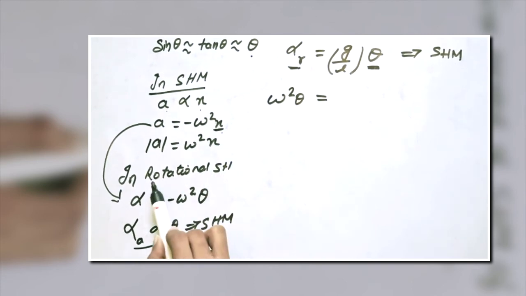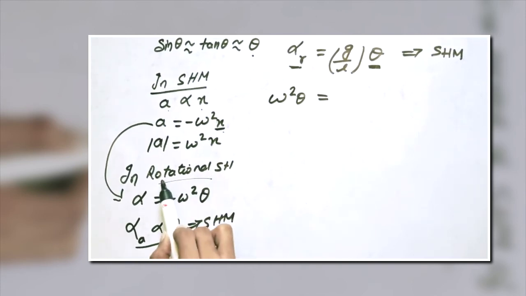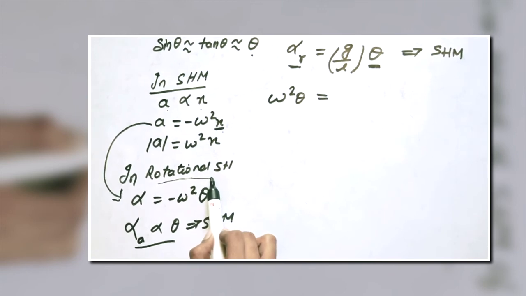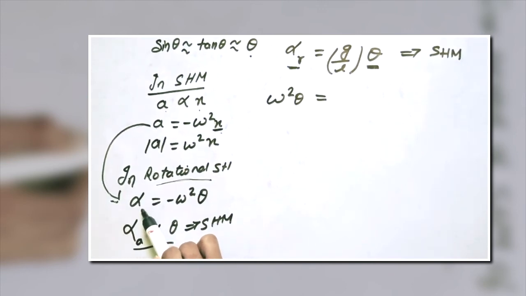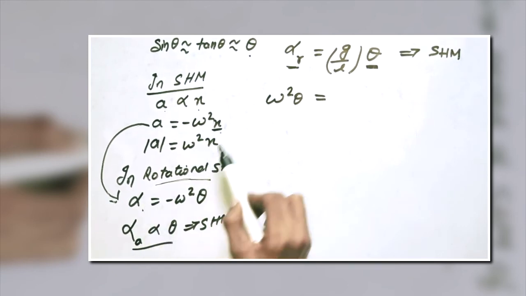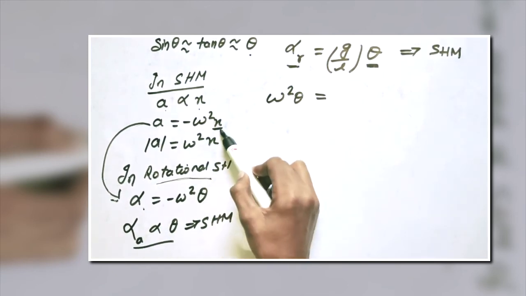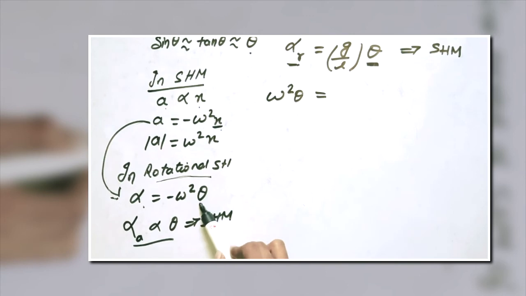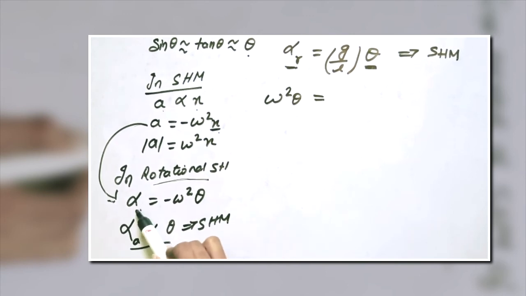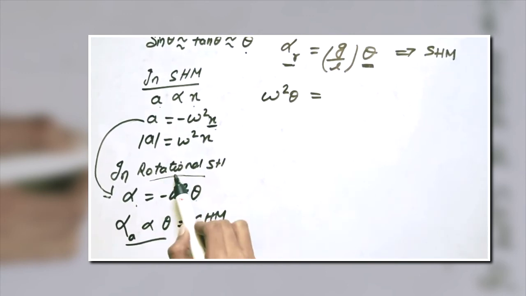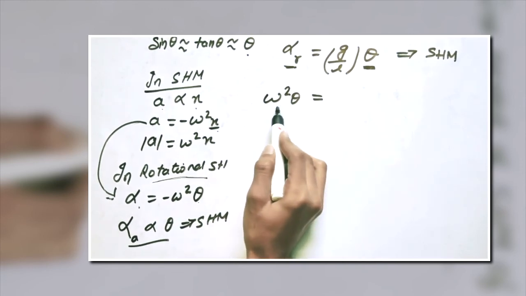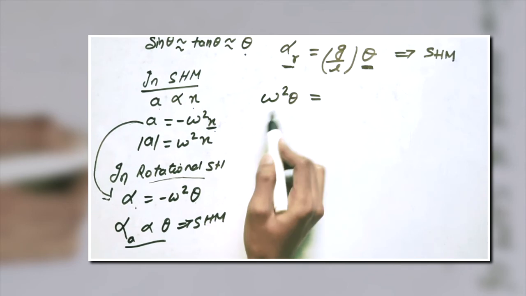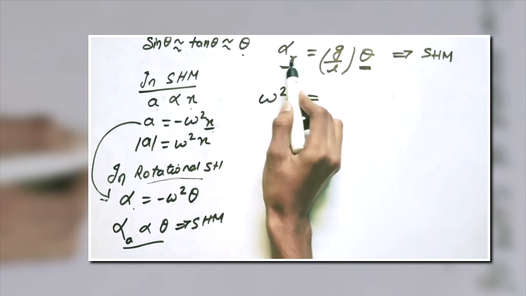When you talk about rotational mechanics, acceleration is your angular acceleration alpha, and displacement is the angular displacement theta. In these terms we study our rotational motion. So that is how we came to this point: omega square theta is your restoring acceleration.